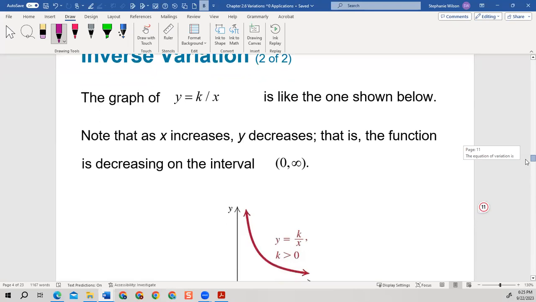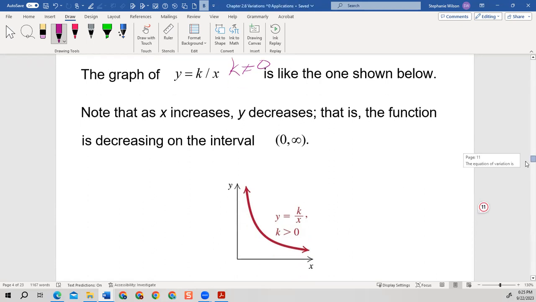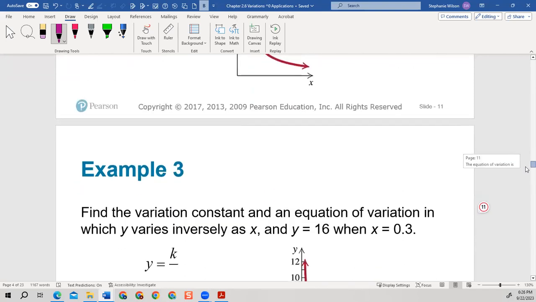So the graph of an inverse variation, y equals k divided by x, where k still does not equal 0, is like the one shown below in this image. Let me scroll down just a little bit so you can see it. Note that as x increases, y decreases. Okay, so we have this function going on, decreasing on the interval 0 to infinity.